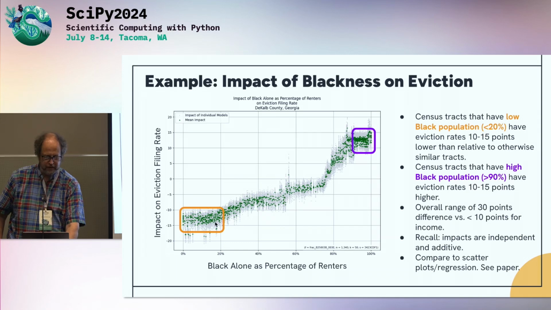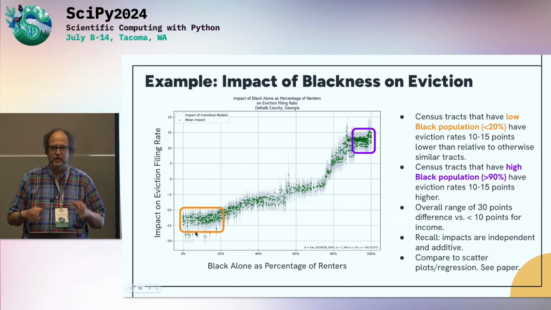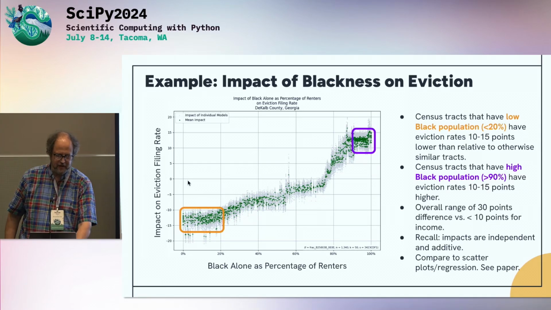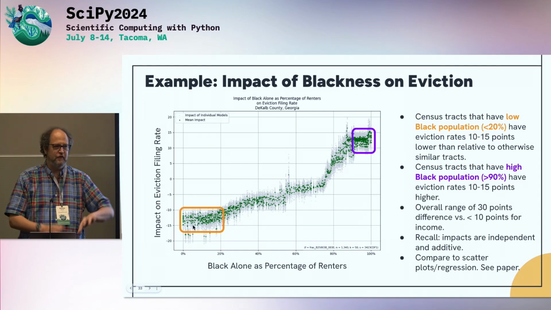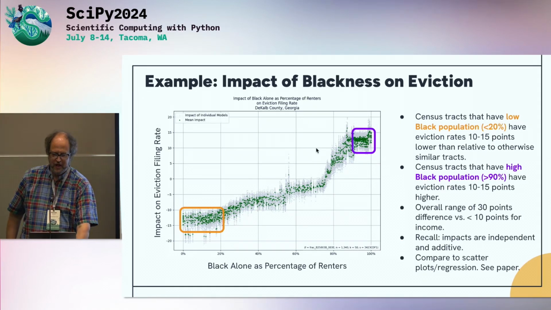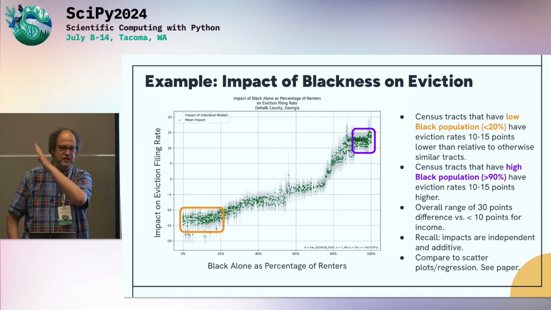Over here on the left, these are the neighborhoods where less than 20% of the people in that census tract are black, and the impact on eviction rate is -10 to -15. Very non-black areas have lower eviction. Opposite end of the spectrum, neighborhoods that are 90% or more black renters, the eviction rates are way higher.